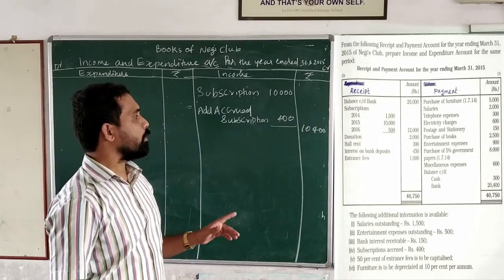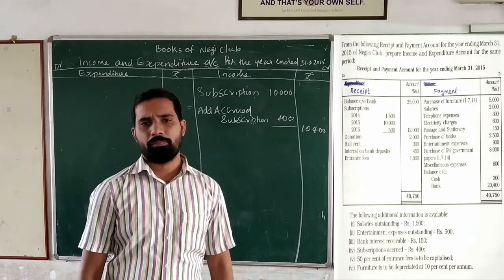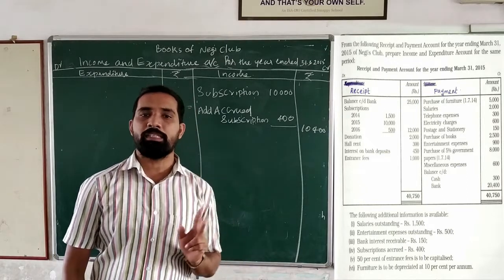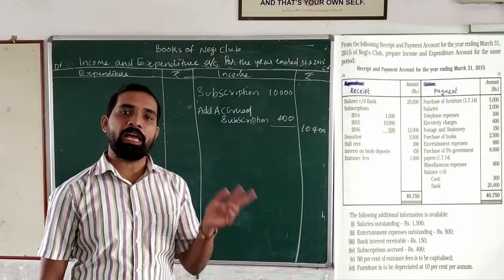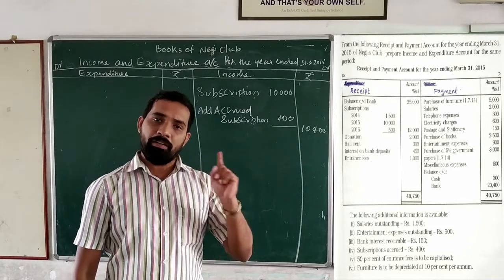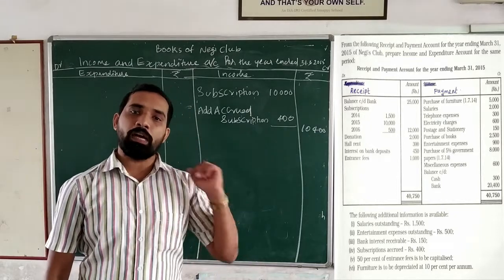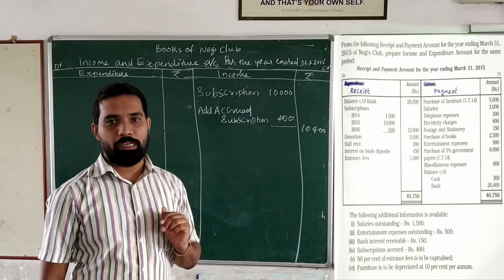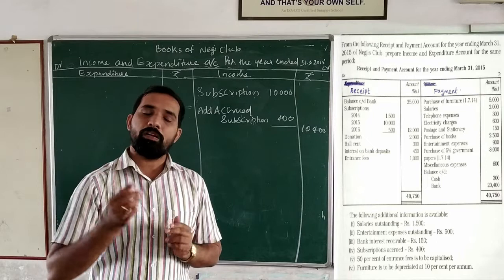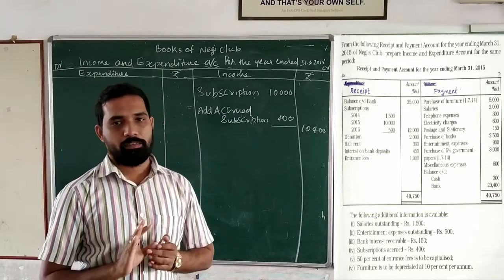The next, donation, rupees 2,000. Donation has two types, specific donation and general donation. If it is given for a specific purpose, there is no need to consider it in the income and expenditure account, because specific purpose donation is a capital receipt.